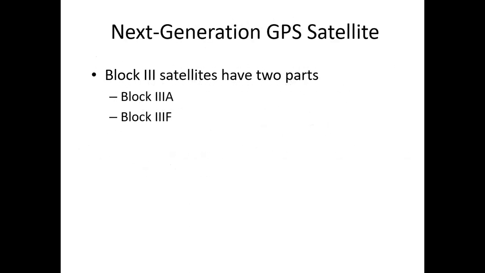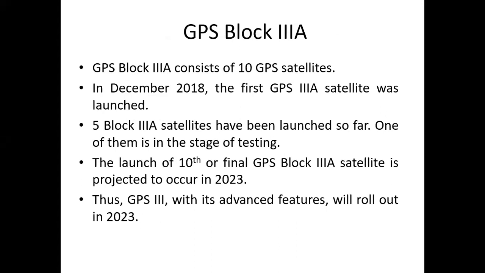So the satellites I have for Block 3, they are again split into 2 parts. So far only the Block 3A type of satellites have been launched, and 5 Block 3A satellites have been launched so far, as you can see.